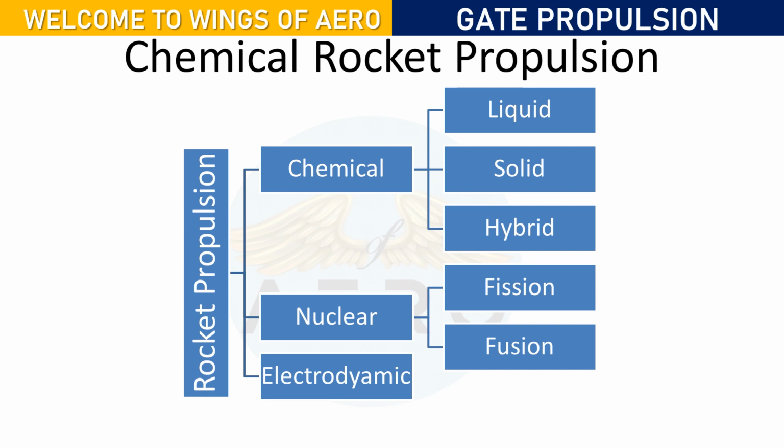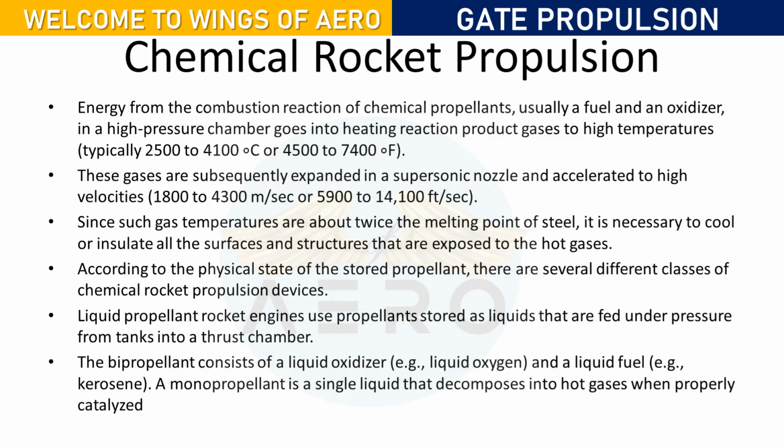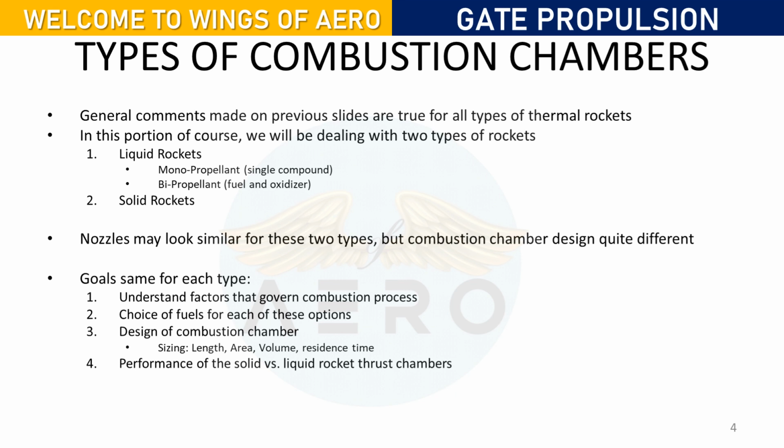Rocket propulsion is basically classified into three: chemical, nuclear and thermodynamic. Chemical is further classified into liquid, solid, hybrid, and nuclear fission, fusion. The thermodynamic again has further classifications. I suggest you prepare this theoretical part.